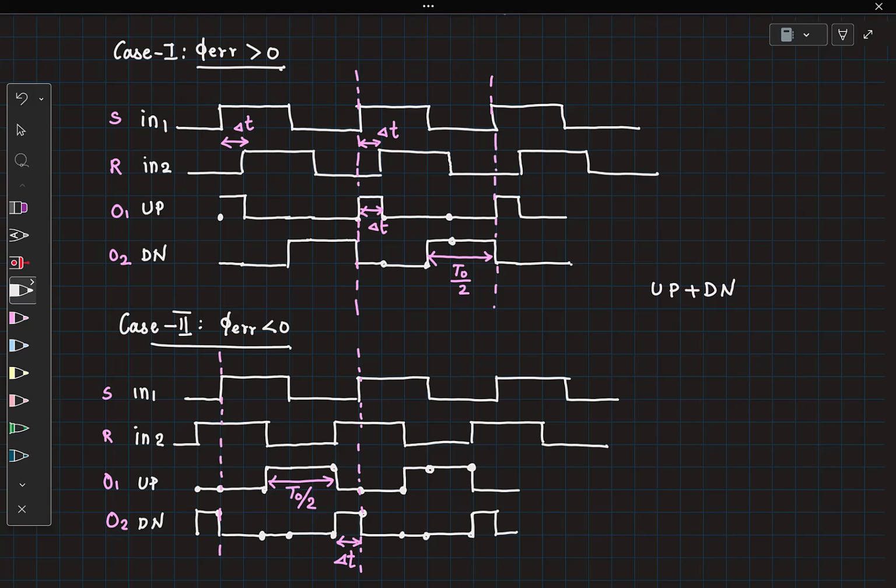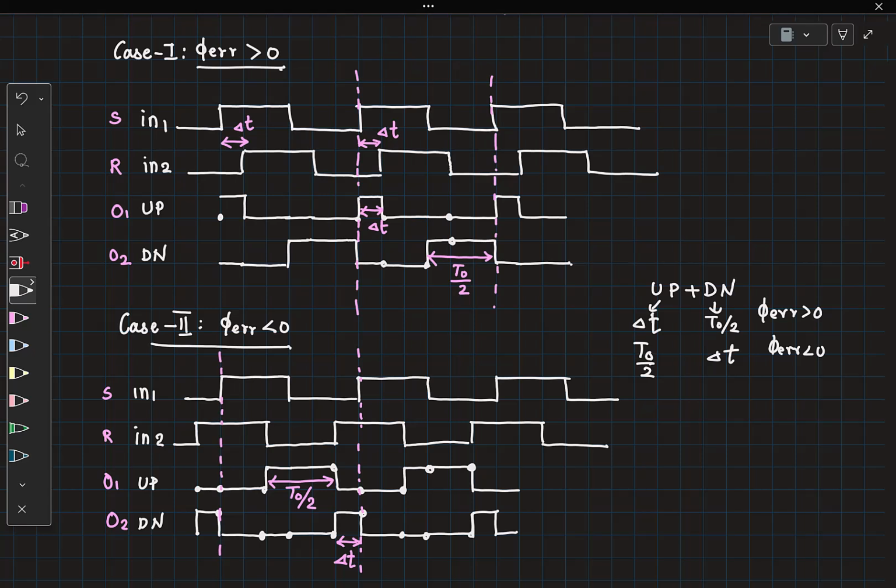Whether phase error is greater than 0, this has delta t and this will simply have T naught by 2. Phase error lesser than 0, this will have T naught by 2, and this will have the delta t information. But because I am doing an addition, delta t is present as is. I am not able to differentiate whether this delta t is positive or negative, right?